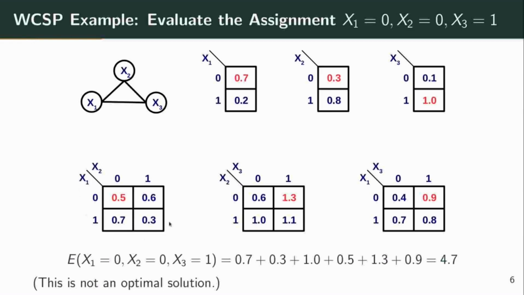Similarly, for the binary constraints, since x1 equal to 0 and x2 equal to 0, this constraint takes the weight of 0.5, and since x2 equal to 0 and x3 equal to 1, this constraint takes the weight of 1.3, and similarly this constraint takes the weight of 0.9, and we add up all these weights together, then we have the total weight for this assignment.